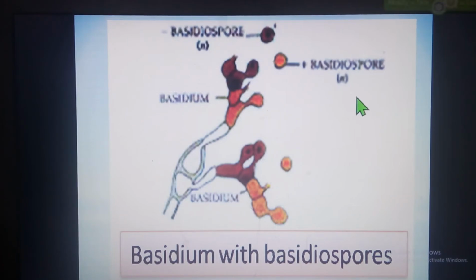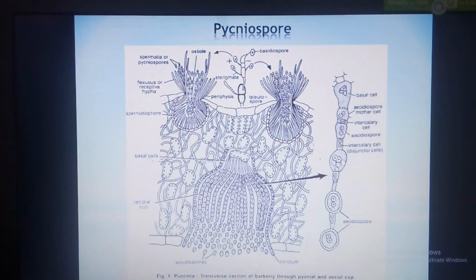Now when they come in contact with the host plant, that is the barberry, the alternate host, they will start to form another type of spores, the pycnospores. During favorable conditions, the basidiospores germinate on contact with a barberry leaflet towards the upper surface.